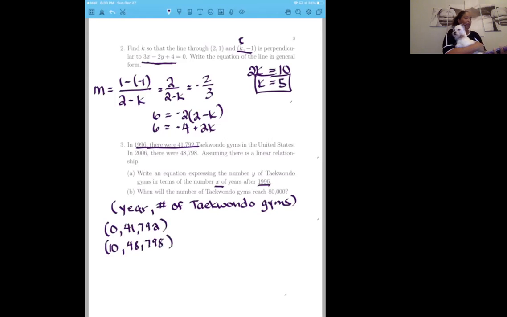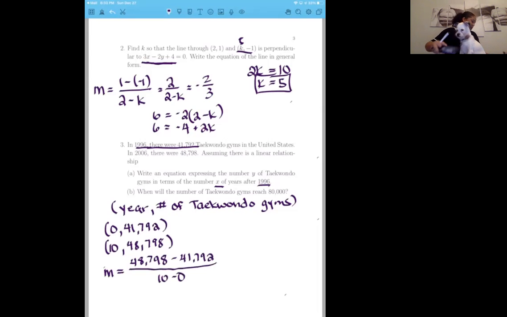So what we're going to do is come up with a function that expresses the number of Taekwondo gyms in terms of the number of years. So the first thing I'm going to do is find the slope. So I'm going to do 48,798 minus 41,792 over 10 minus 0.